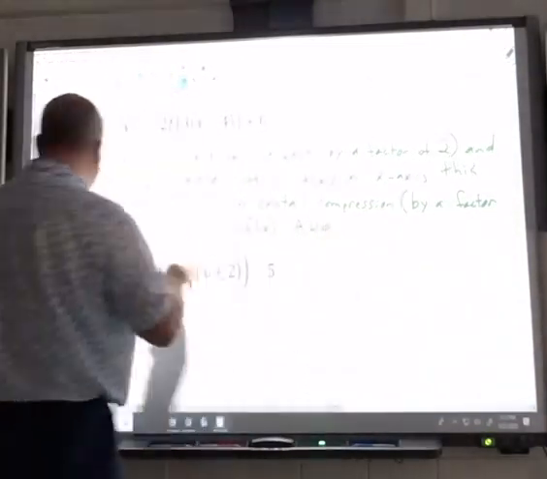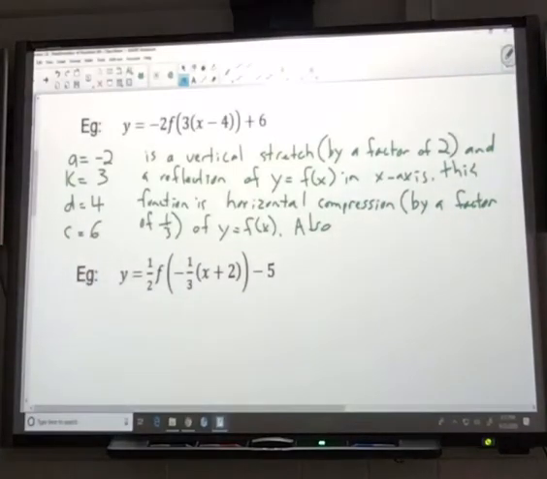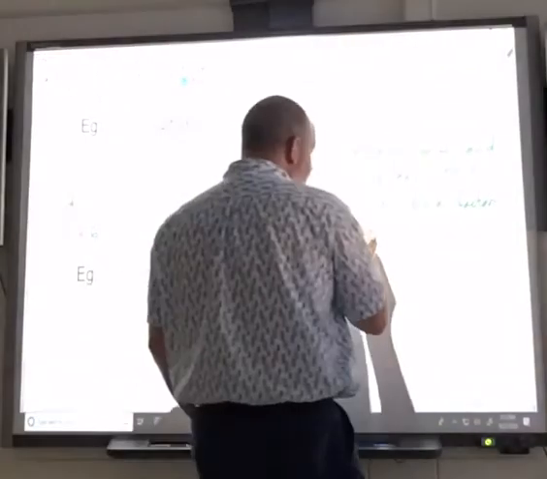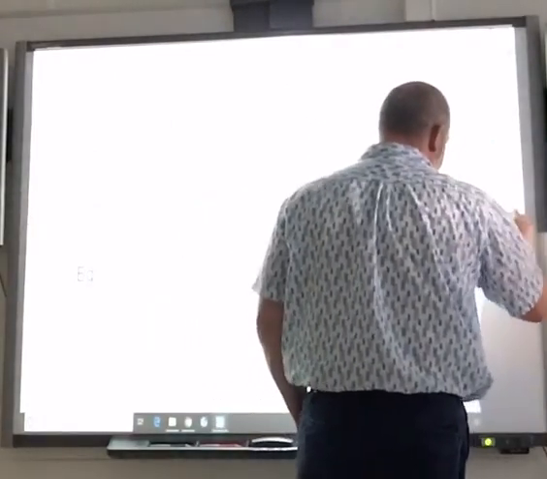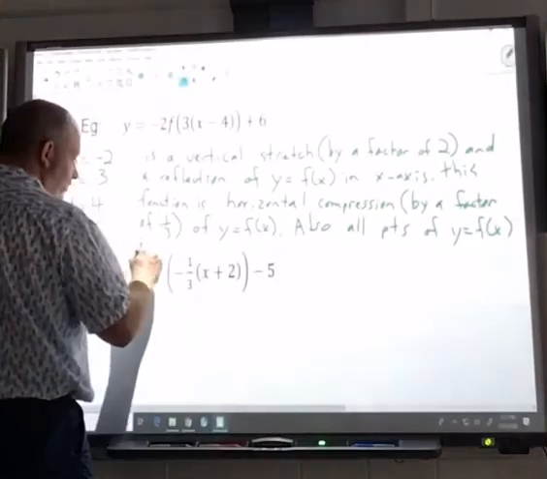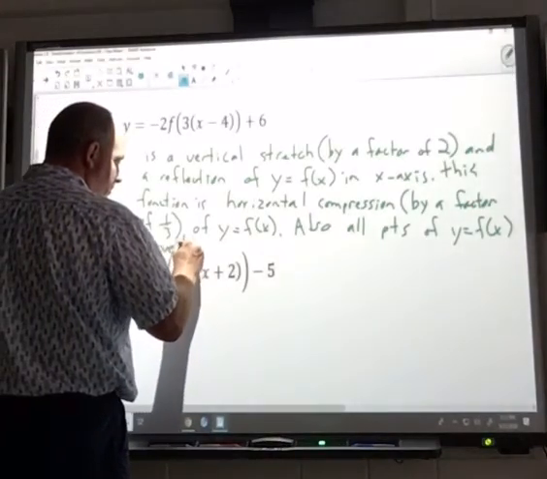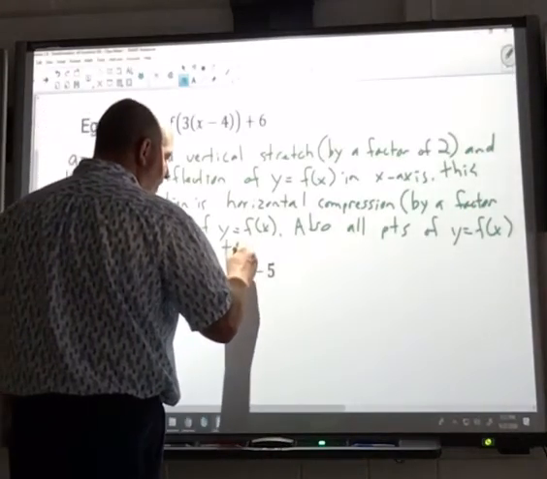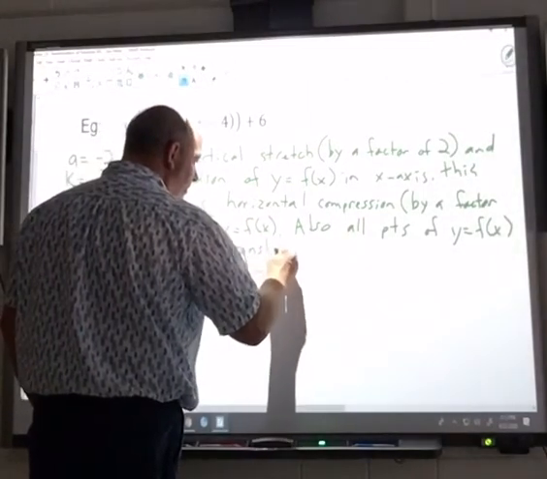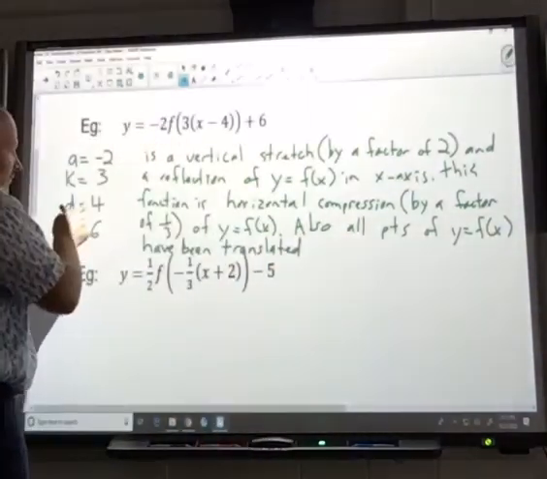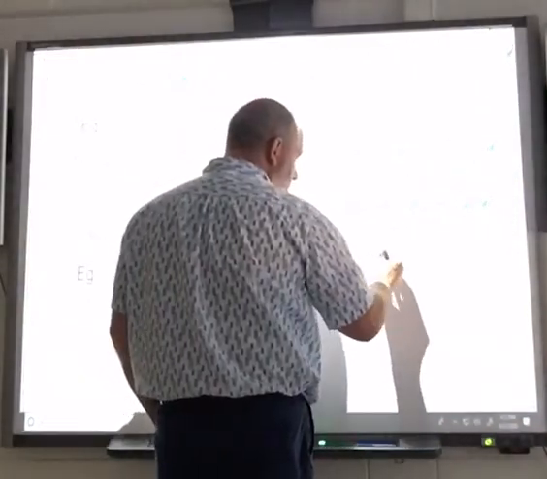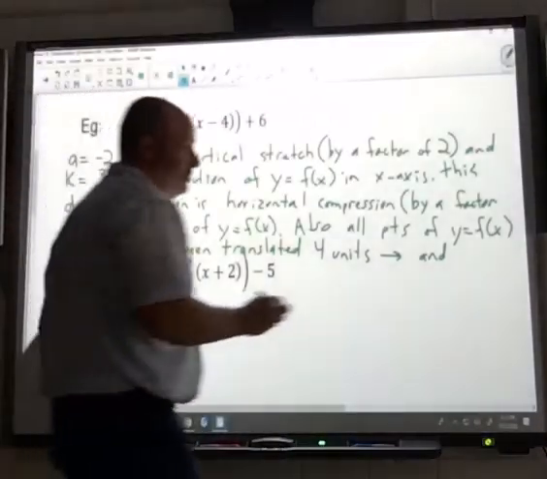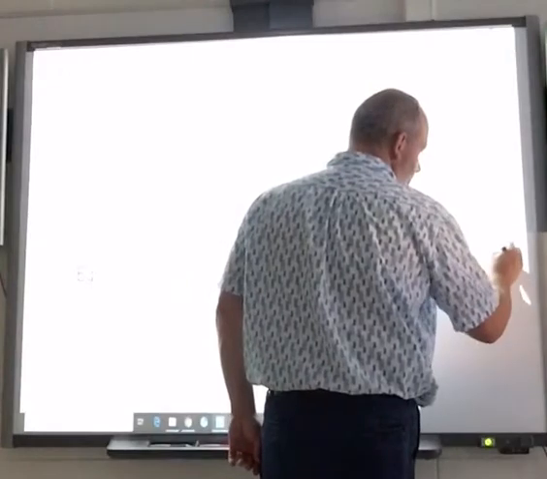Also, we have the 2 translation factors. All points of the function have been translated 4 units to the right and 6 units up.